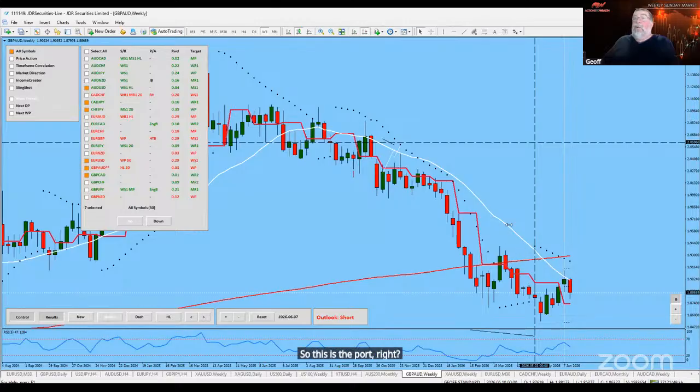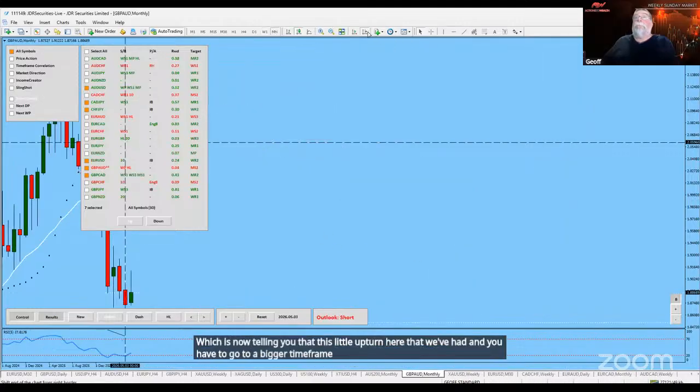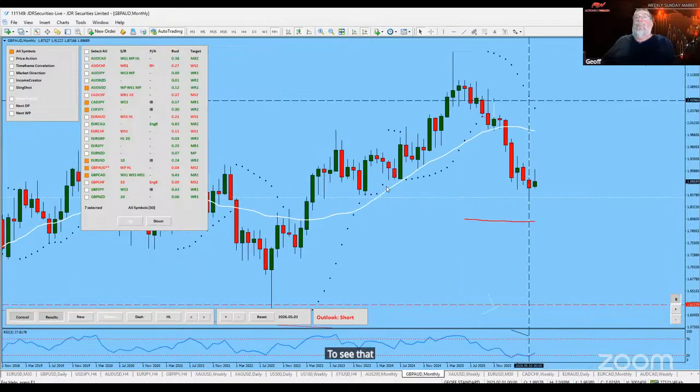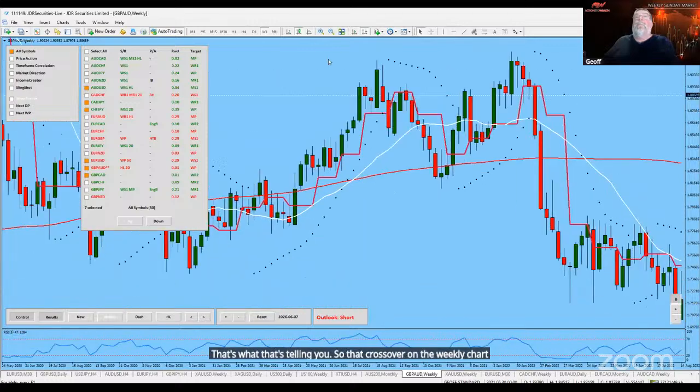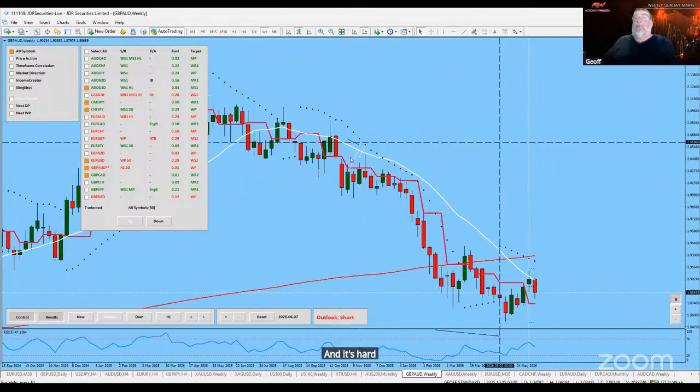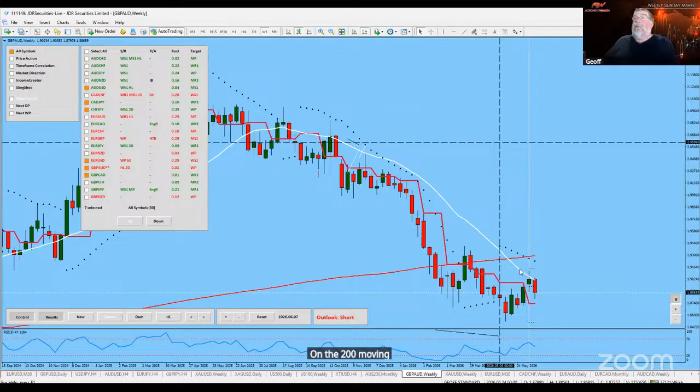Which is now telling you that this little upturn here that we've had, and you have to go to a bigger time frame to see that, that uptrend is changing. That's what that's telling you. So that crossover on the weekly chart is saying that this, and it's hard to say it's bullish if you look at this weekly chart, but that bullish trend on the 200 moving average is potentially going to change.